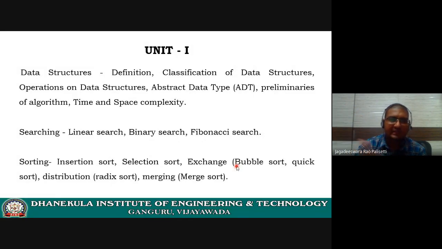In quick sort, what is the method they are following? In quick sort, what is the time complexity, or time taken to sort the elements? Merge sort, what is its method? The time complexity of every sorting technique is different. Merge sort is the best one because it requires a very small amount of time to sort the given values.